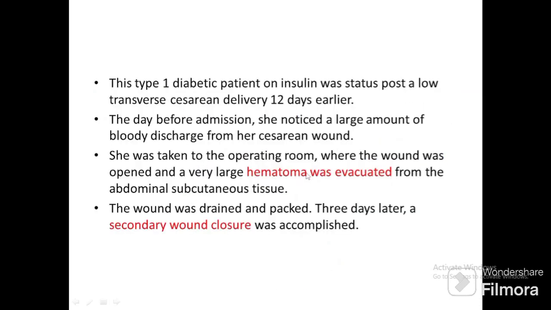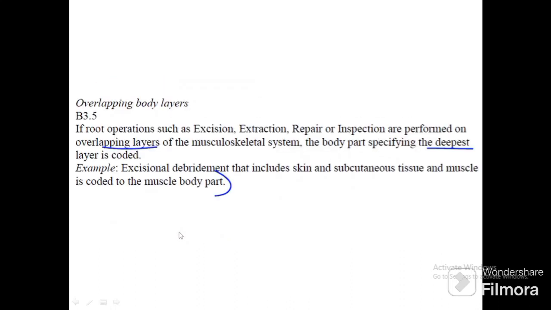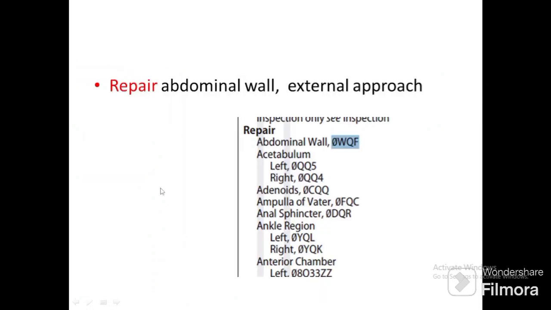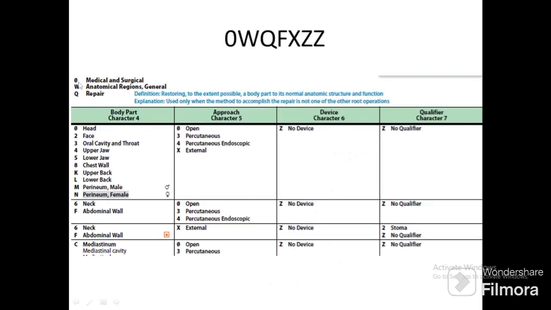So this evacuation of hematoma was followed by secondary wound closure, and this is coded with the root operation repair. So repair, abdominal wall, external approach. So we should use the term repair, and we should search in the index, under repair, abdominal wall. So 0WQ.